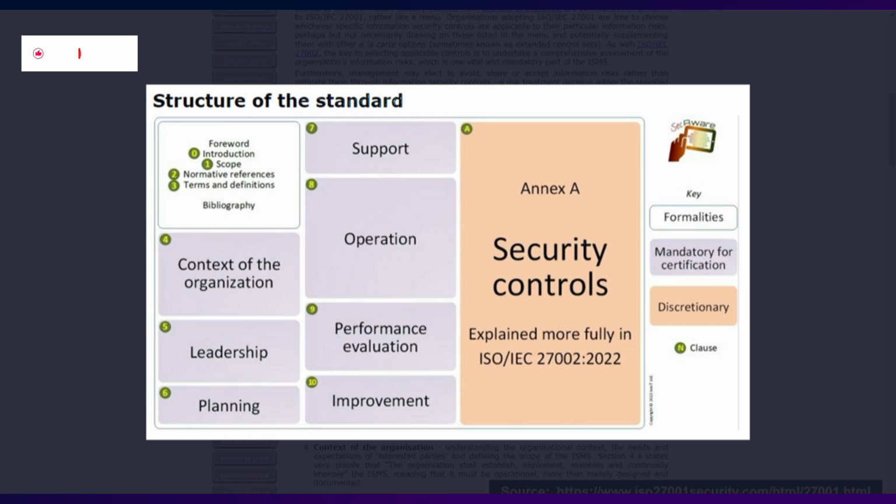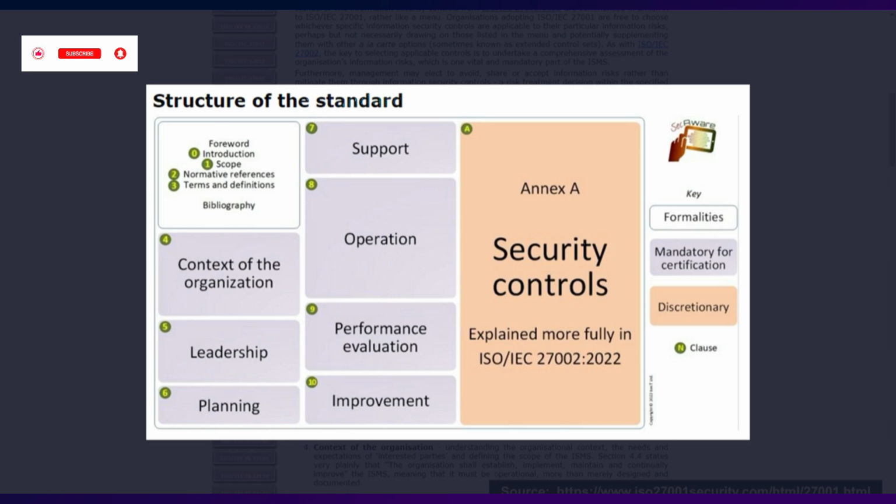These are also called clauses. All right, so let's break down each one of these clauses so that you know what to expect on the exam. Now, clauses 0 to 3 don't really cover that much in terms of what you need to know for the exam. So you have the foreword, the introduction, the scope, the references, terms and definitions. This is all kind of simple, normal documentation stuff.